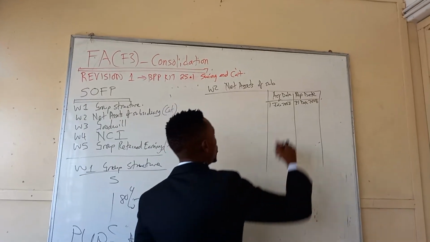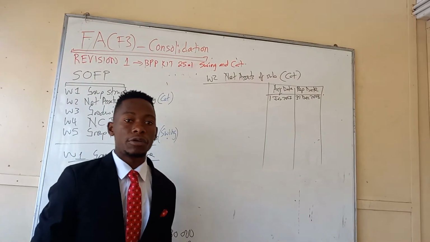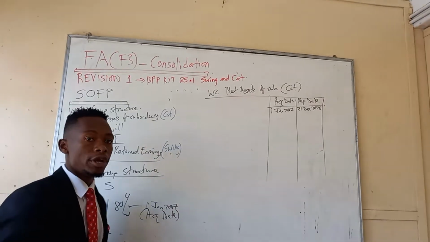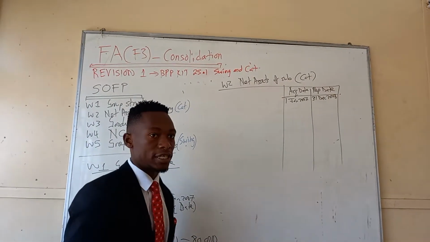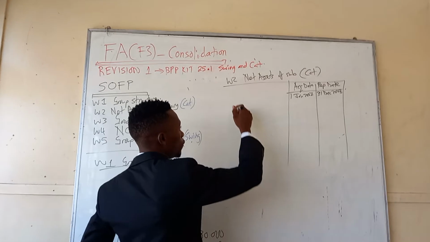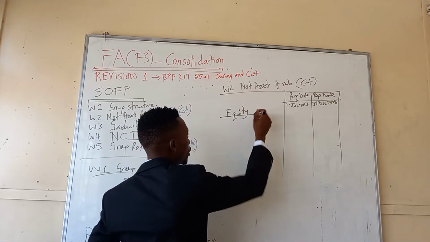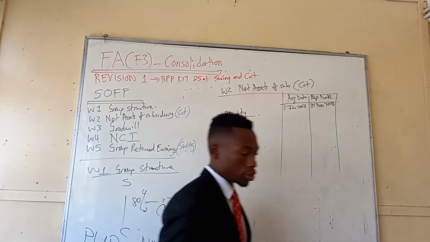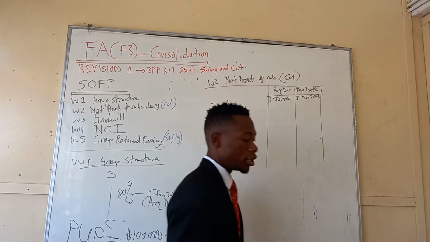So what are we doing? Why are we preparing working 2? The reason is that we need to value the company of a subsidiary. Working 2 is the net assets of subsidiary. So we want to value the company. This is our equity. So if you look at the financial position, what do we have?